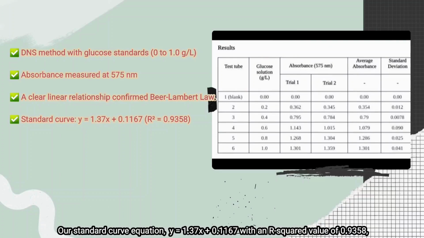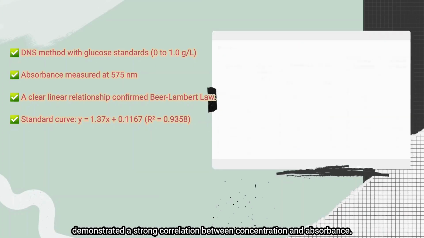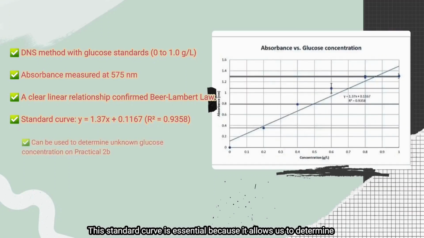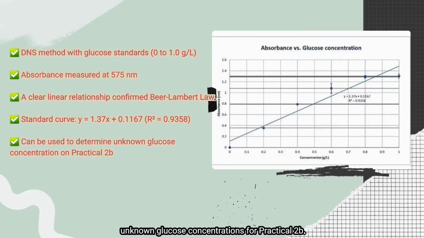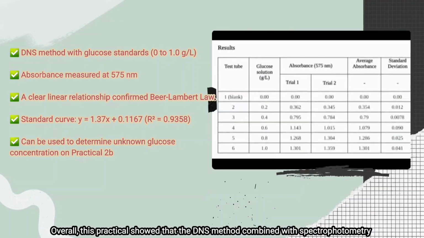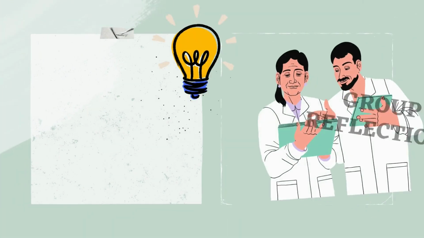Our standard curve equation, y equals 1.37x plus 0.1167, with an R-squared value of 0.9358, demonstrated a strong correlation between concentration and absorbance. This standard curve is essential because it allows us to determine unknown glucose concentrations for practical 2B. Overall, this practical showed that the DNS method combined with spectrophotometry is a reliable approach for quantifying reducing sugar.